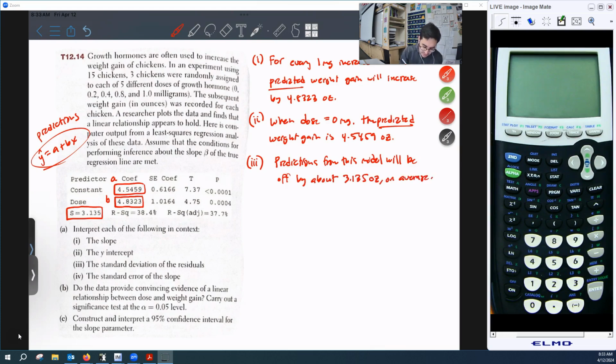I realize I'm missing the context there, so I should say predictions of weight gain from this model will be off by about 3.135 ounces on average.